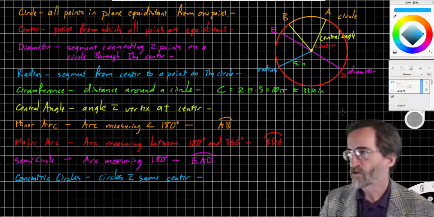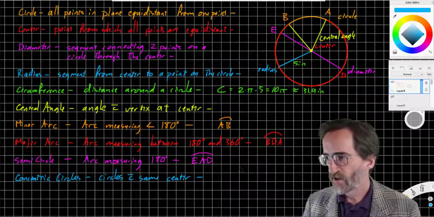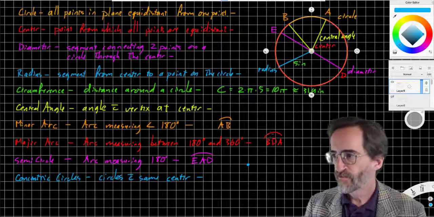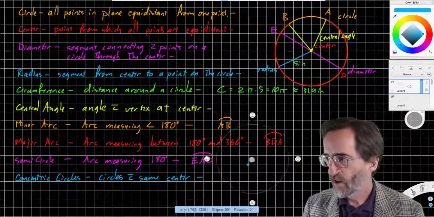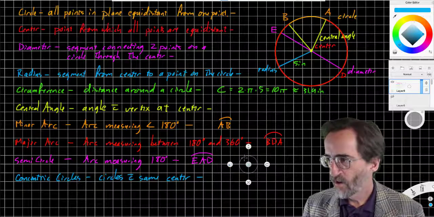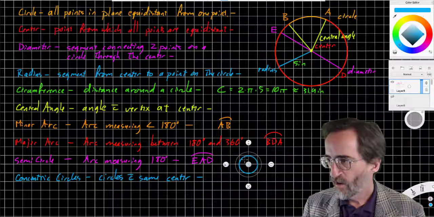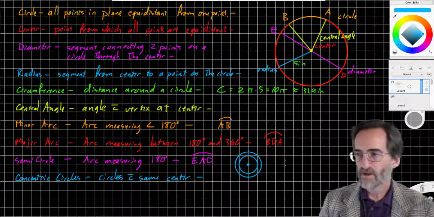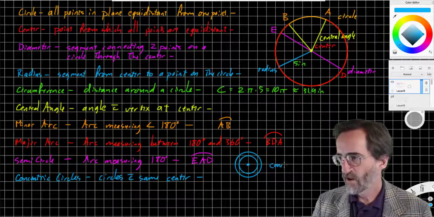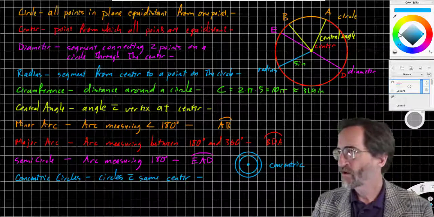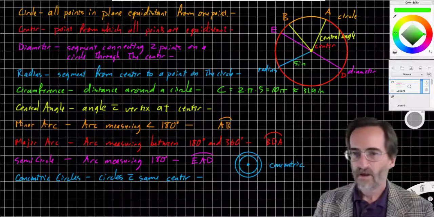Think the Target logo or a bullseye. Two circles, same center, concentric. Con together, centric, same center.